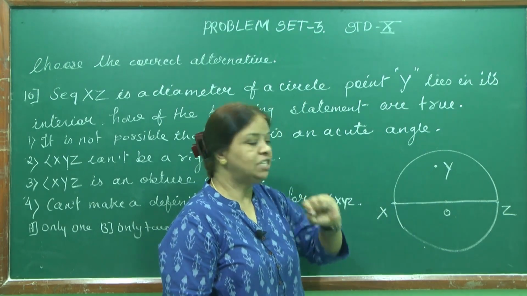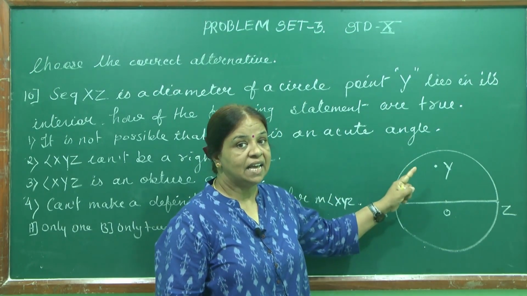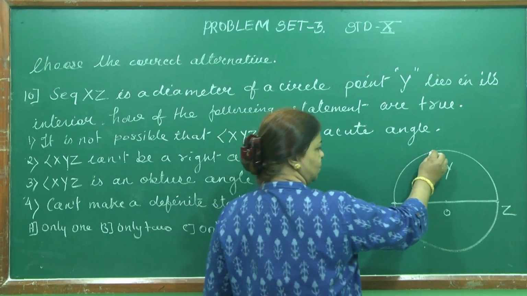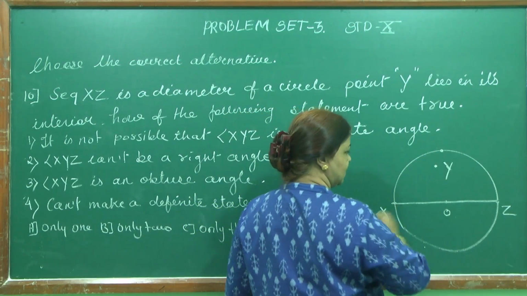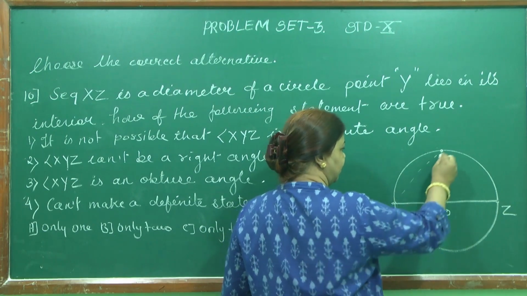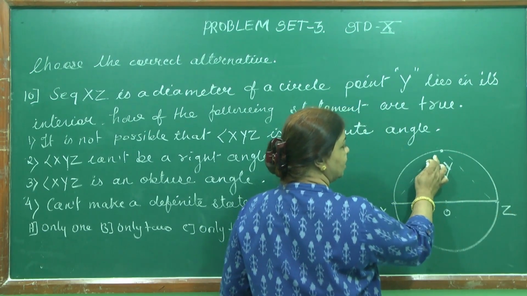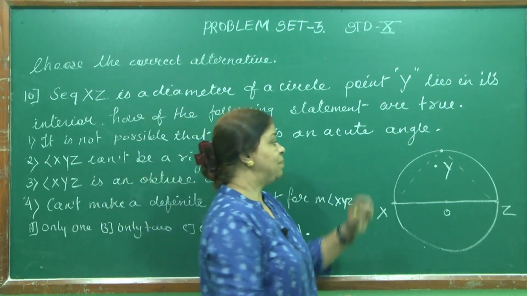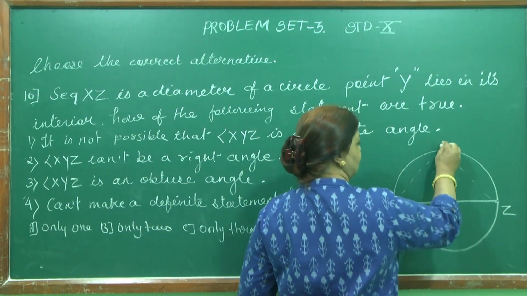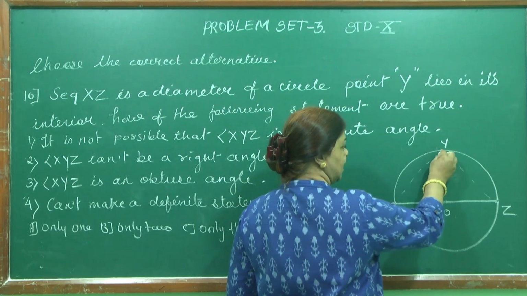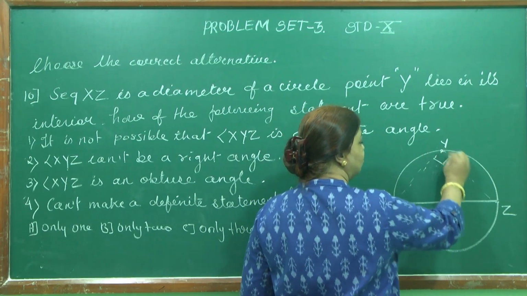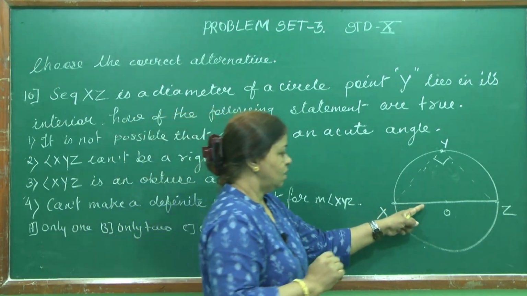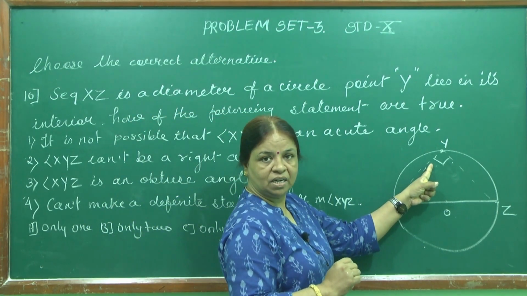See, where is the point lying? The point is lying inside the circle. If this point would have been on the circle and I would have joined it, then I would have got this angle as 90 degrees. Angle inscribed in a semicircle.